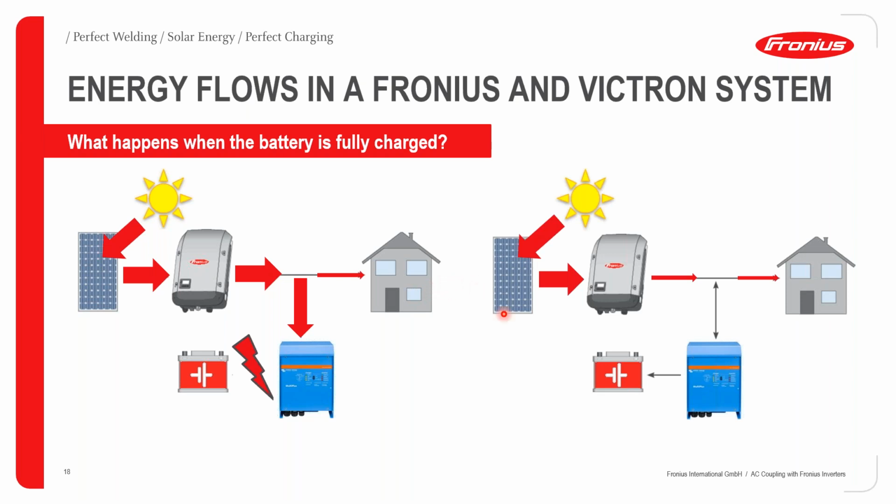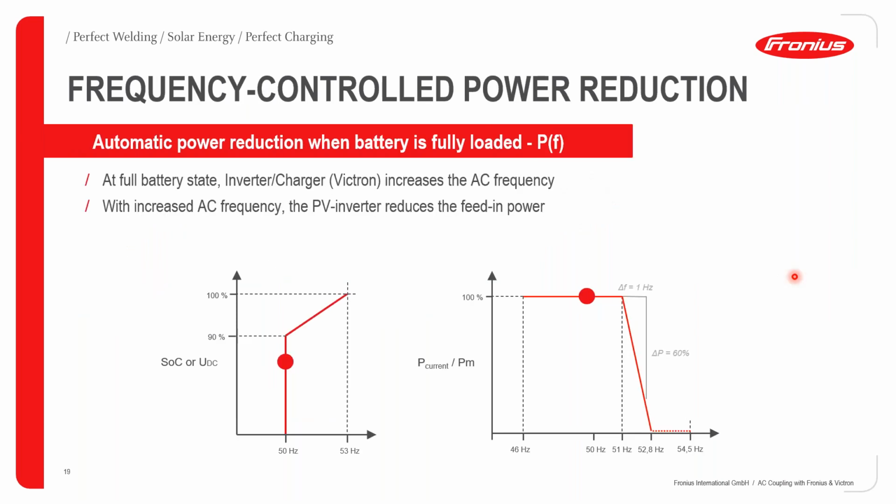What should happen is that there must be communication from the battery inverter to the Fronius inverter, informing the Fronius inverter that the batteries are fully charged, and therefore the Fronius inverter should only produce the amount of power that is required by the load at that specific moment. When you talk about the communication from the battery inverter to the Fronius inverter, we are not talking about a hardwired connection. We are talking about the possibility of a frequency controlled power reduction.